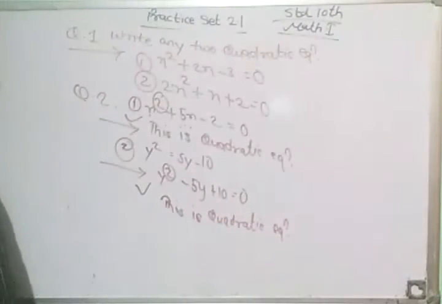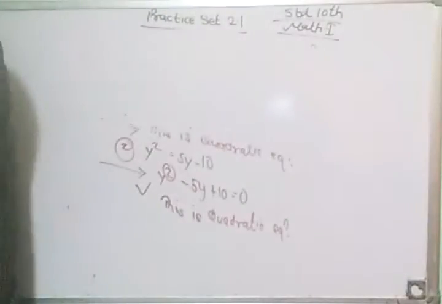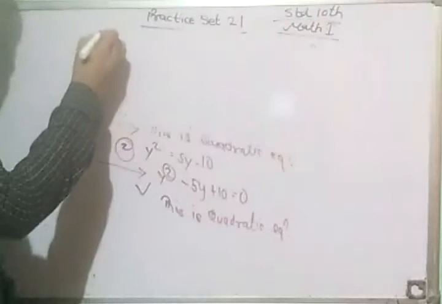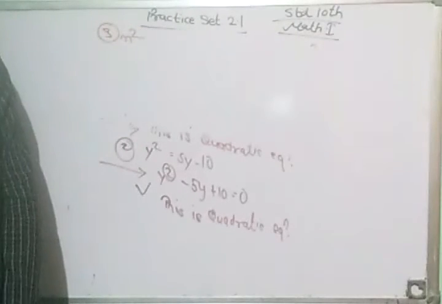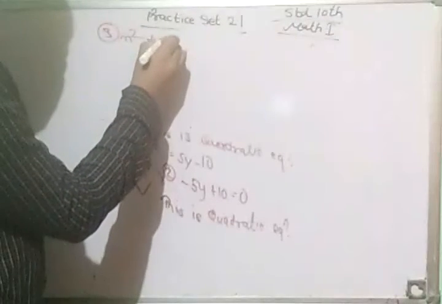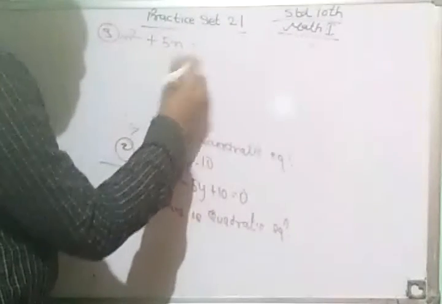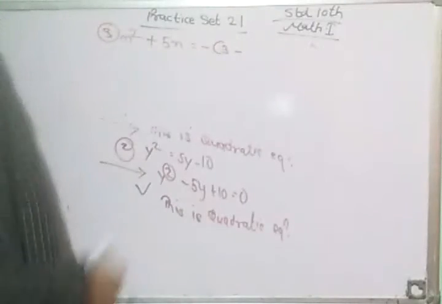Friends, this is the second example. Next we solve the third example: x square plus 5x is equal to minus in bracket 3 minus x.